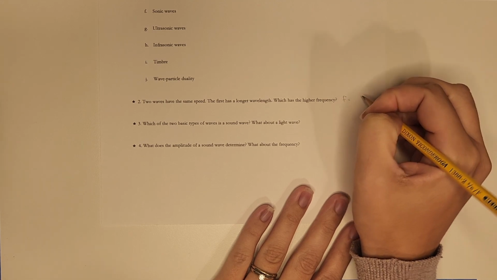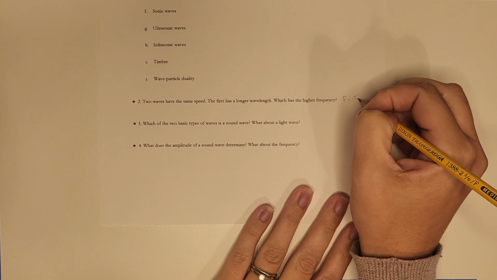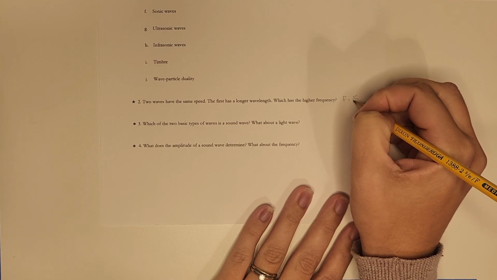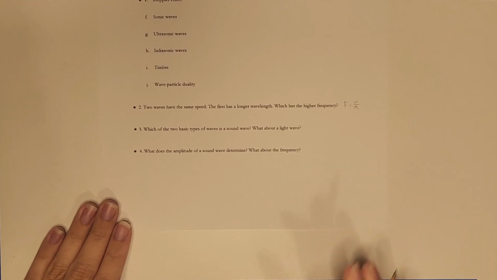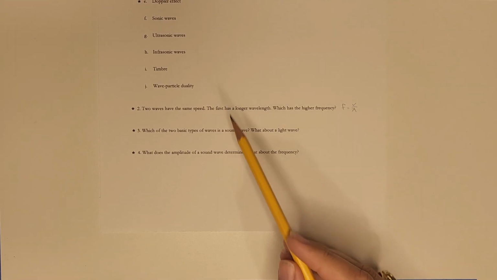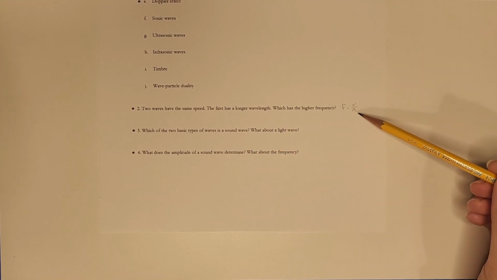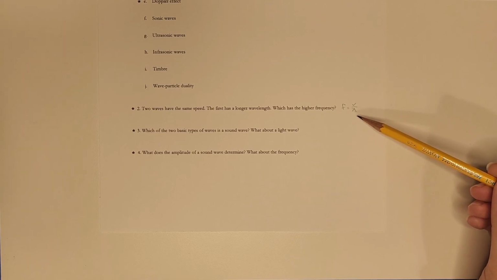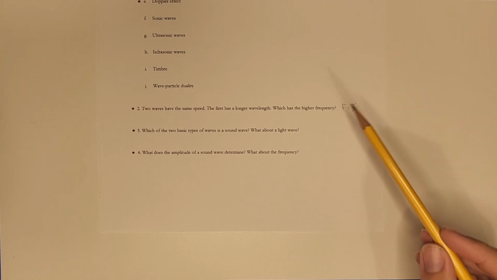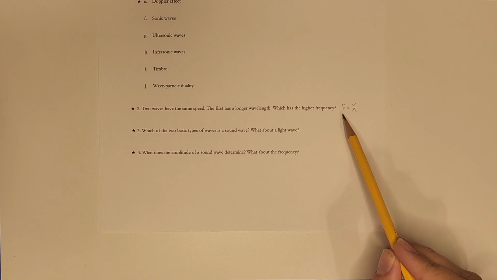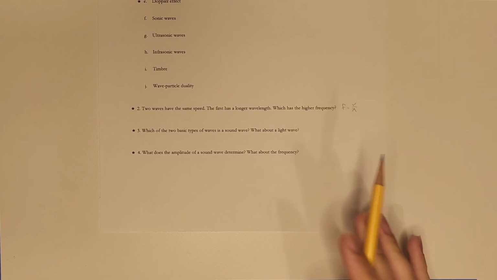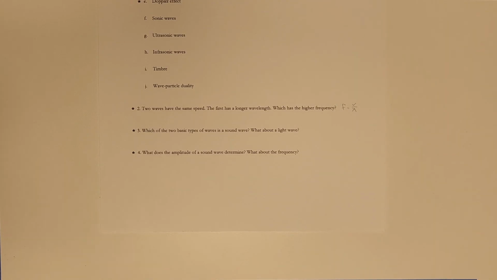F equals v, velocity, divided by the wavelength, okay? And so if the first one has a longer wavelength, that is going to make the frequency smaller, or lower, I should say. And so that is the answer.